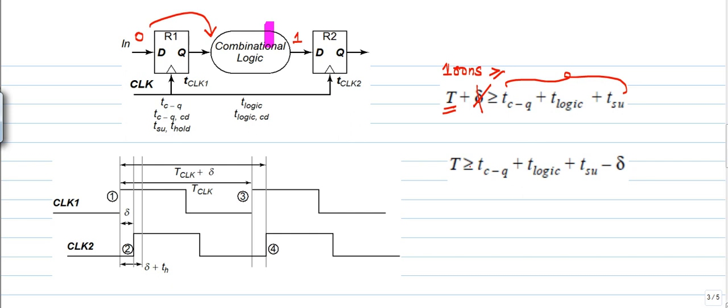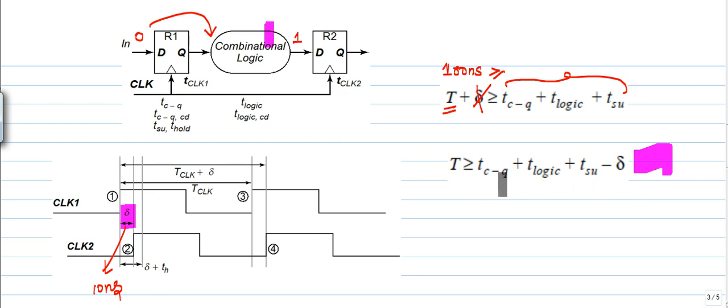For example, let's say this delta is 10 nanoseconds. So from the second equation, one can subtract this delta from the total time.